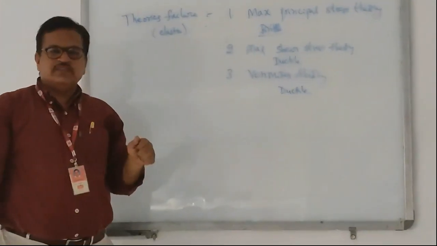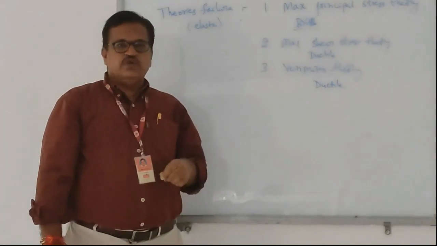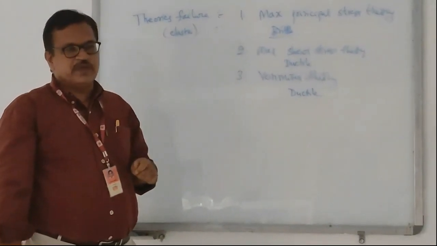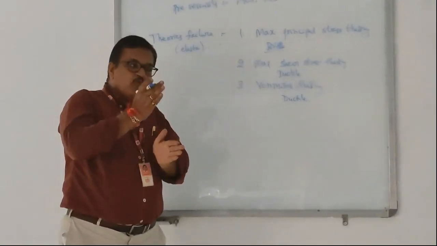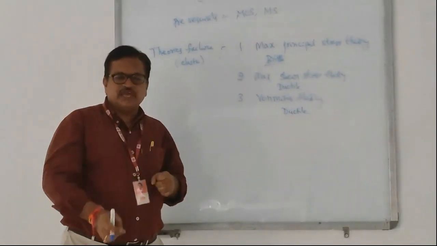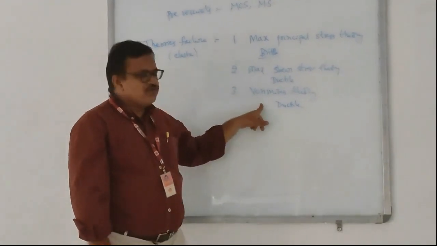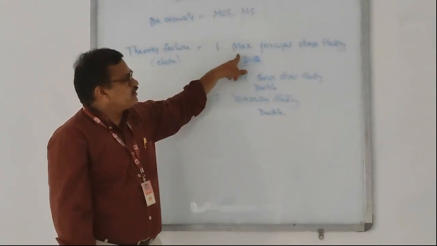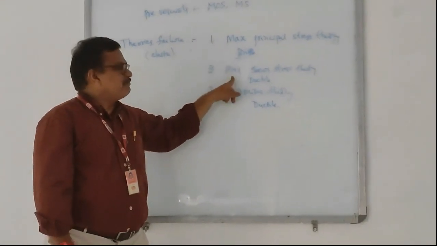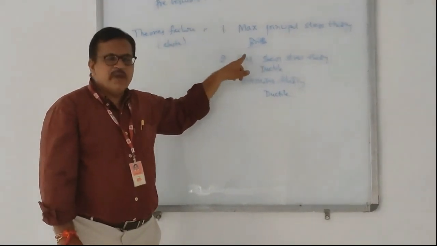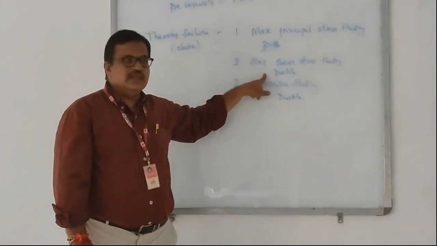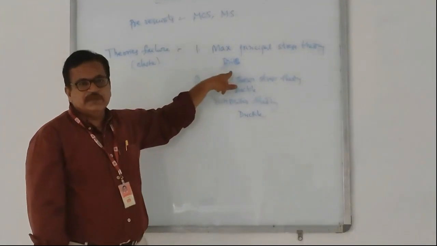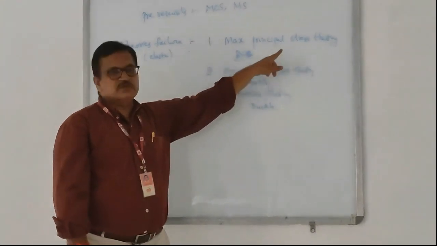Based upon the complexity of the loading, the accuracy of stresses we are going to determine, and the more precise values of the dimensions needed, we go for the von Mises theory. But in general, we go for either the principal stress theory or the maximum shear stress theory. If the member is made of ductile material, we go for maximum shear stress theory, and if the member is made of brittle material, we go for maximum principal stress theory.